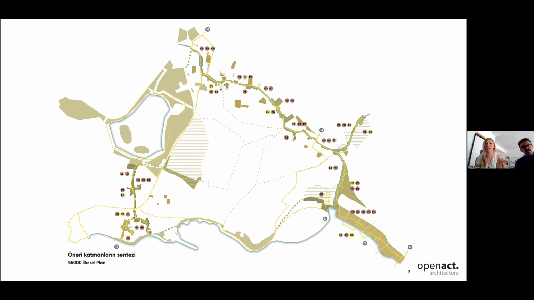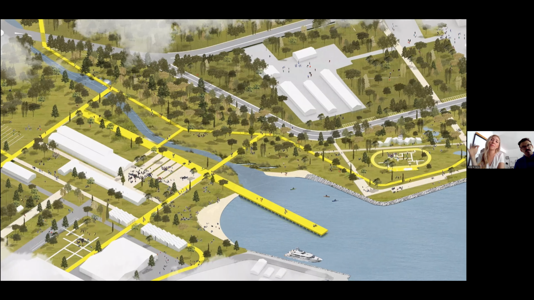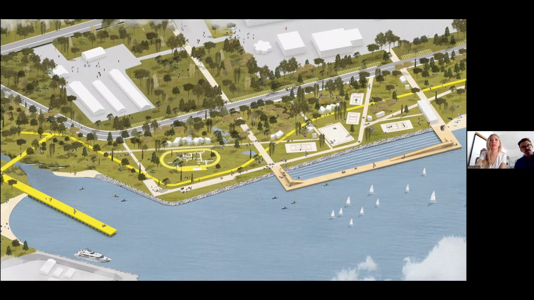The result of this design proposal is completely the result of that research through mappings. And here you can see a depiction of it: a complete green corridor that starts from the sea, enters towards the river, and continues like that.